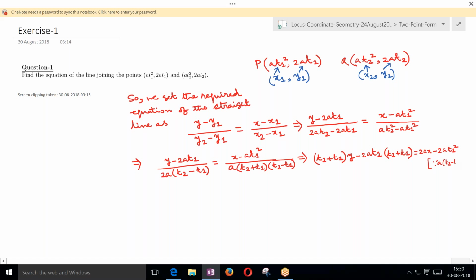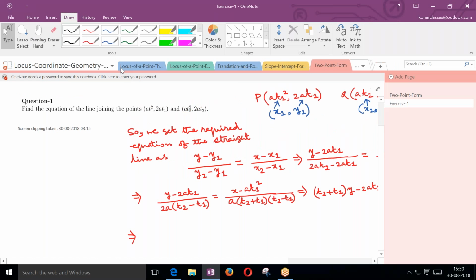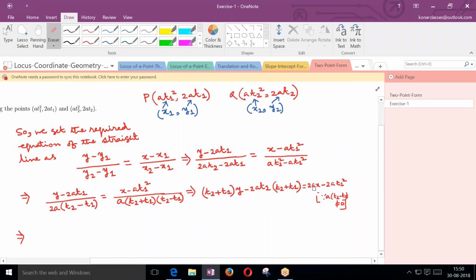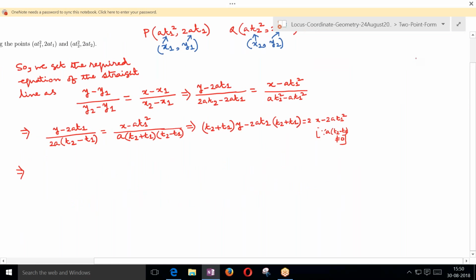Now from here, if we simplify further, just a minute. So there will be no 2ax, it will be only 2x. So from here what we get?